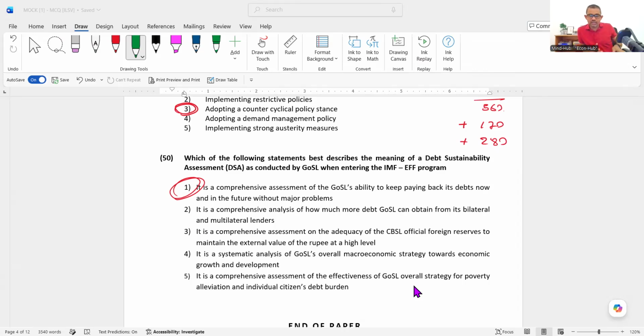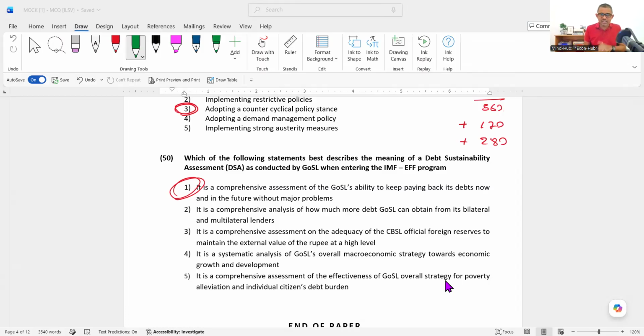Which of the following statements best describes the meaning of debt sustainability assessment, sometimes called debt sustainability analysis, DSA, as conducted by the GOSL when entering the IMF, International Monetary Fund, EFF, Extended Fund Facility. A lot of abbreviations are there. Right.